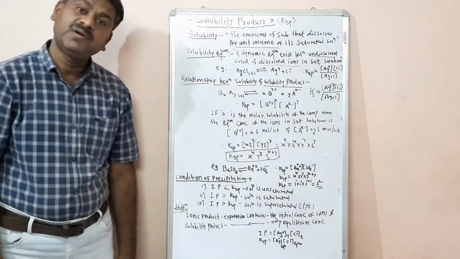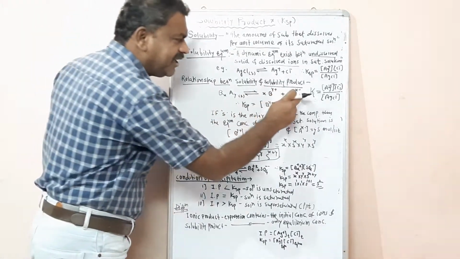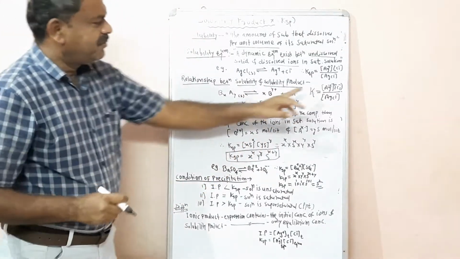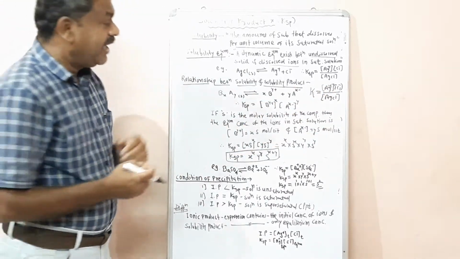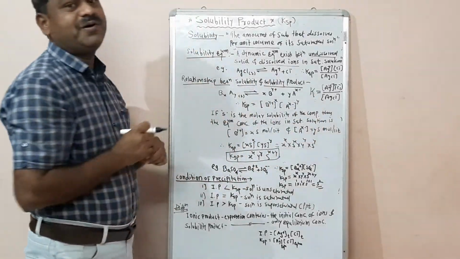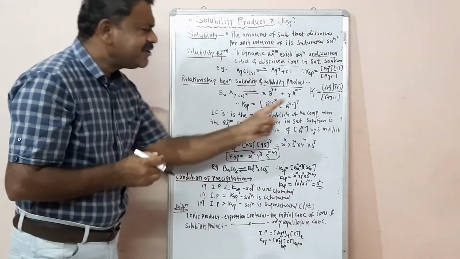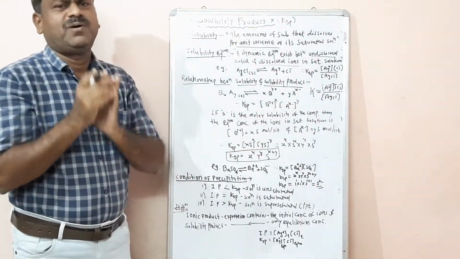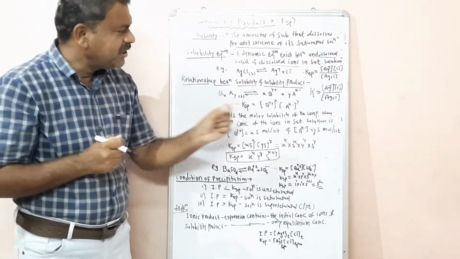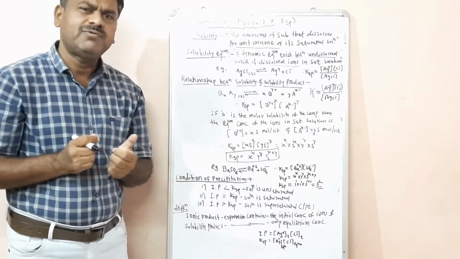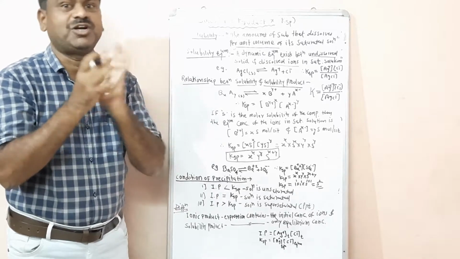This is the equilibrium constant K. Now the AgCl is the undissolved solid, and it is only partially dissolved, very few. Therefore, if AgCl is the sparingly soluble one, its concentration is kept constant.